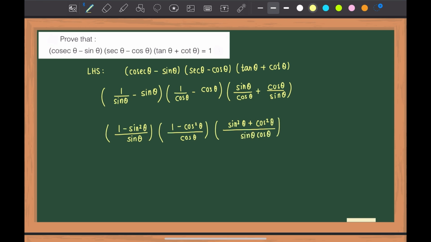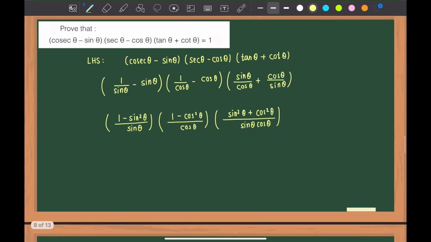So we are almost there. Now I can write 1 minus sine square theta as cos square theta divided by sine theta, then multiplied with this, which can be written as sine square theta divided by cos theta, and this can be written as 1 by sine theta cos theta.